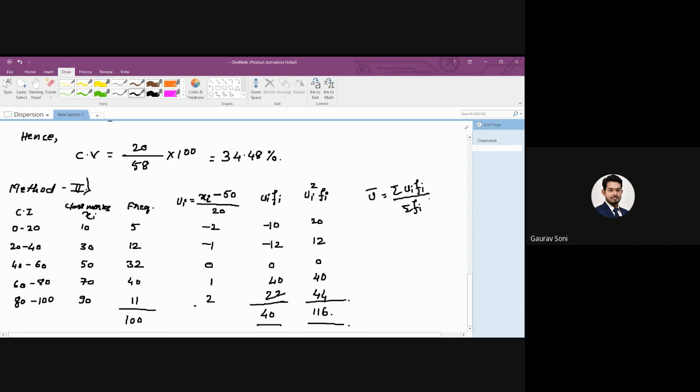This is the formula. So that is 40 upon summation fi, which is 100. So u bar is 0.4.